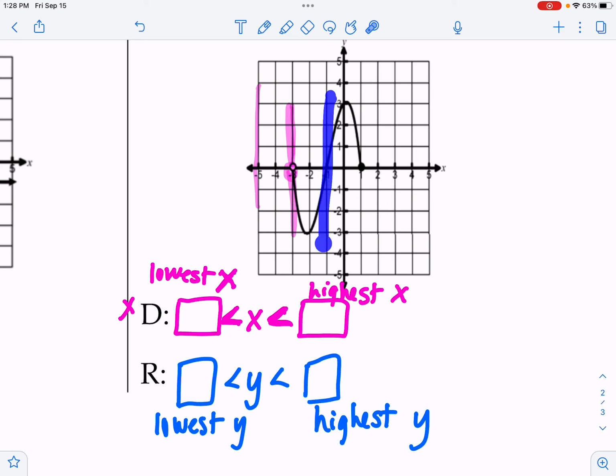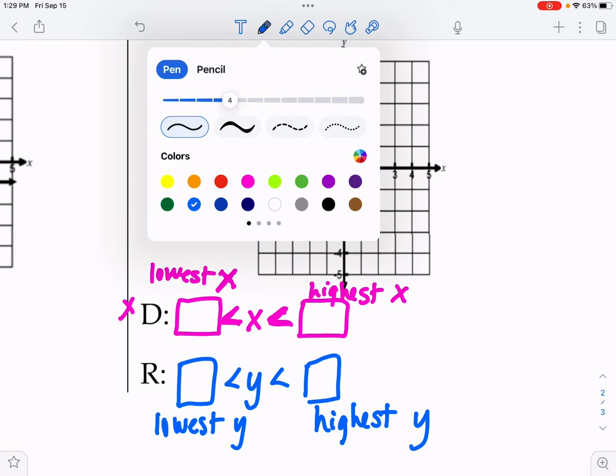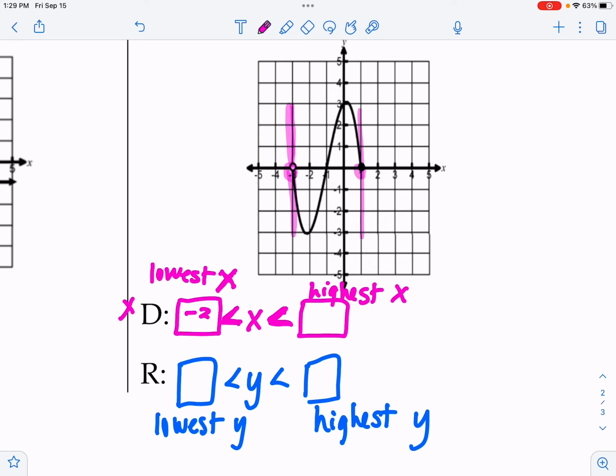I also don't want to chop off the function anywhere, and so you want to put it right on the edge at -3. And then the right side of my box would be here at x equals 1. Okay, and so you want to put -3 here, +1 here.